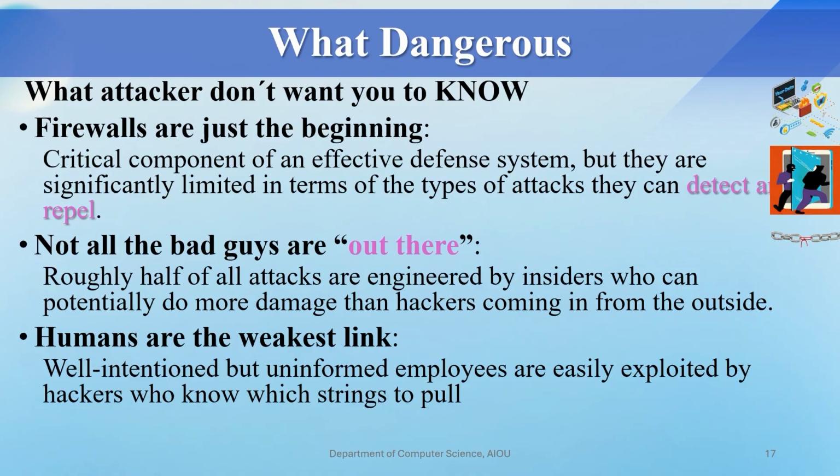The attacker knows that the people working in an information system are the best choice for resource exploitation. Well-intentioned but uninformed employees are easily exploited by hackers who know which strings to pull and how to collect information from these users.